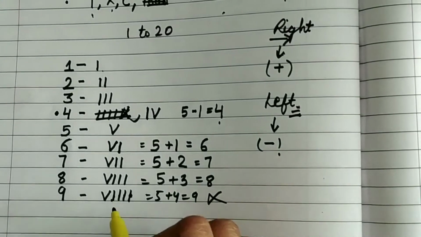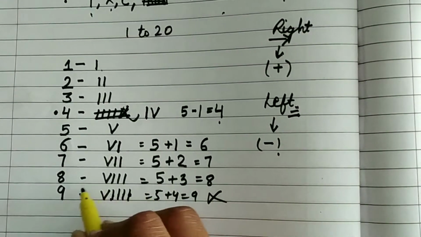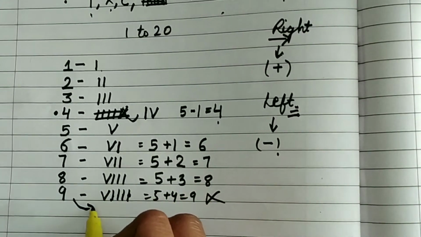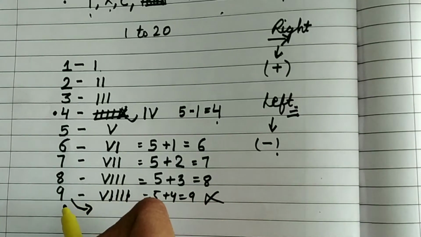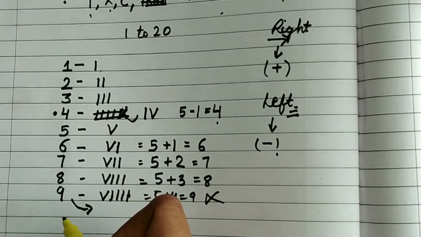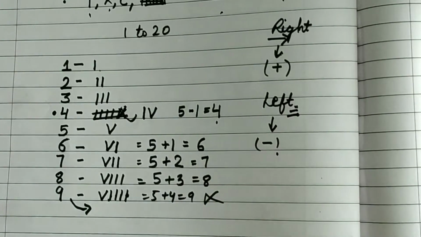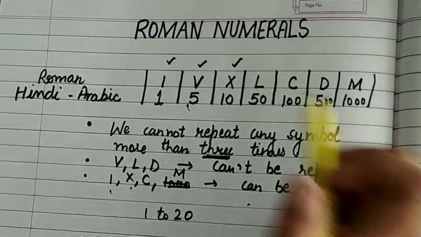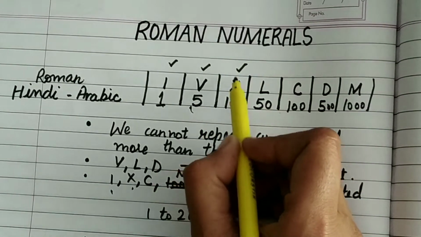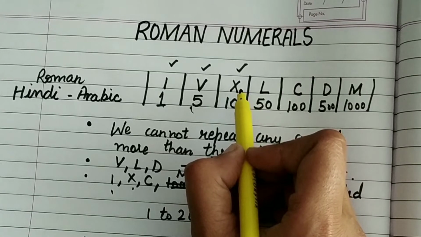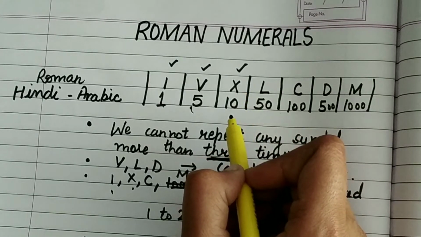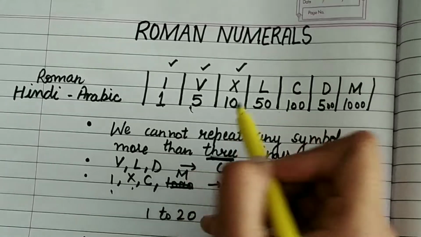As I told you earlier also, when this kind of situation comes, what do you have to do? You have to think for subtraction. So I can get 9 if I subtract 1 from 10. And see, I have the symbol for 10, that is X. That means if I subtract 1 from X, I will get 9.